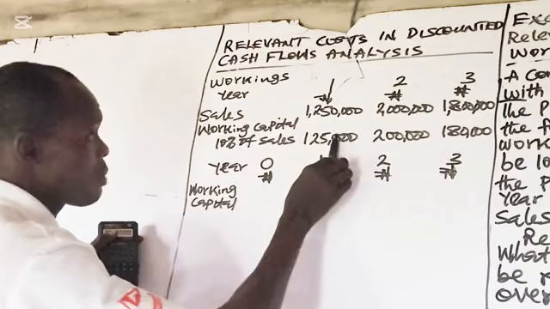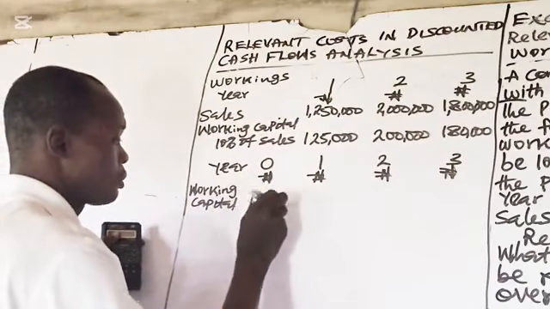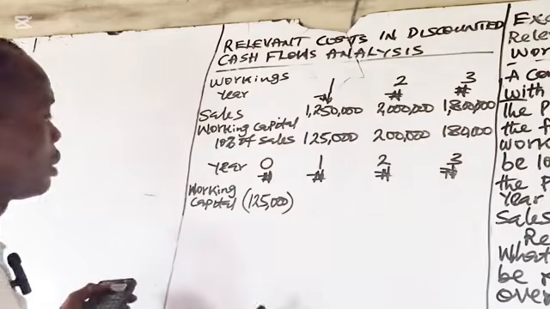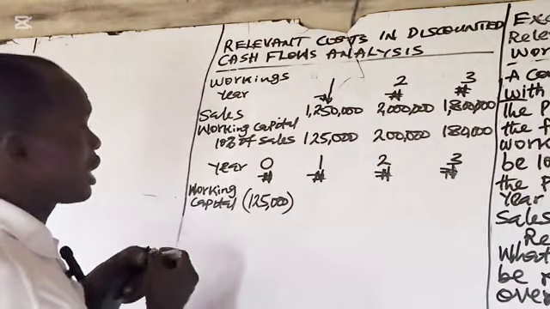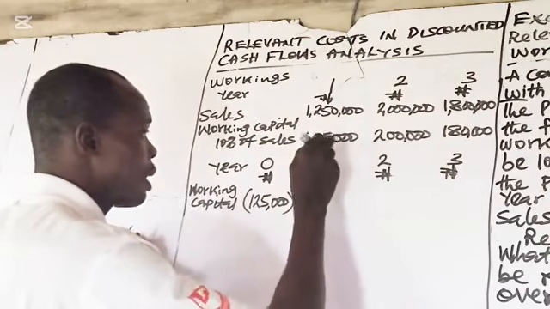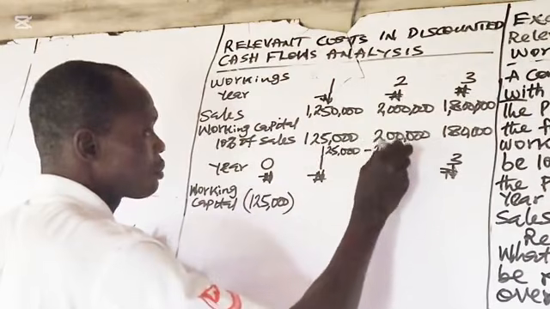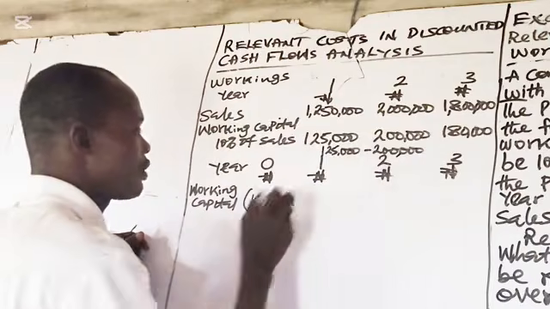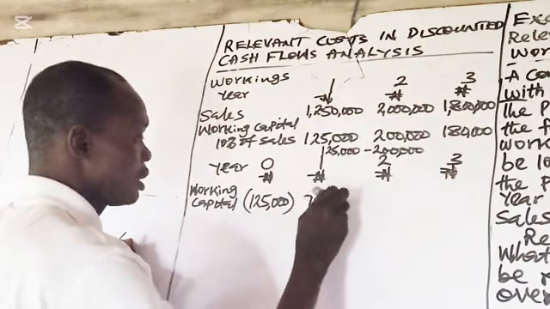In year 1, you have 125,000. We said that will be treated as an outflow in year 0. Between year 1 and year 2, the working capital has increased by 75,000, being the difference between 125,000 and 200,000. So you have an increase of 75,000. That will be treated as an outflow in year 1.